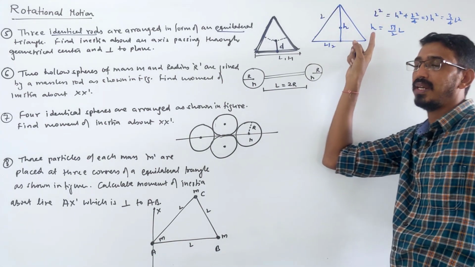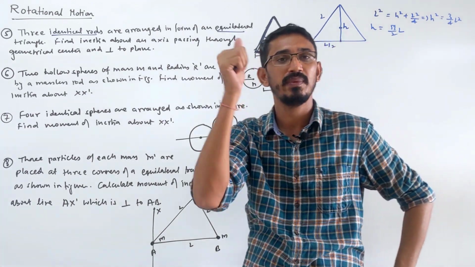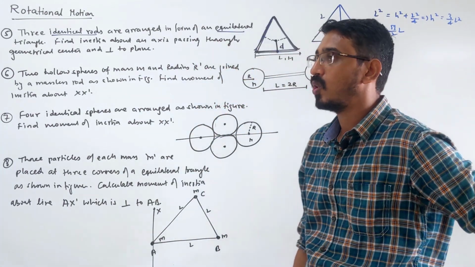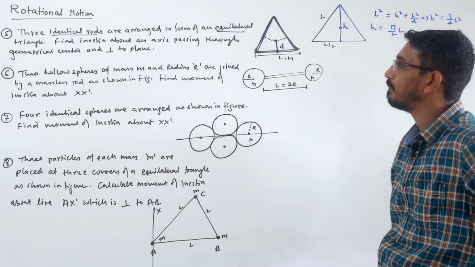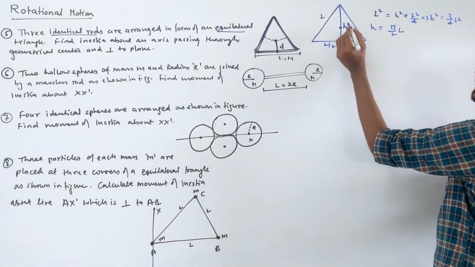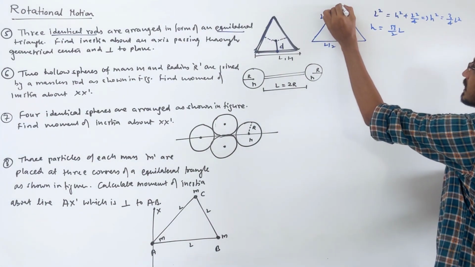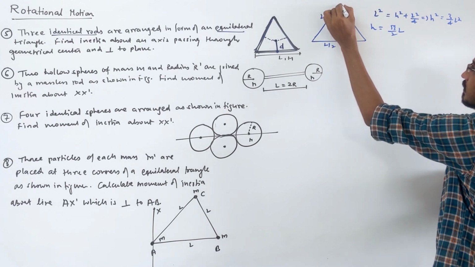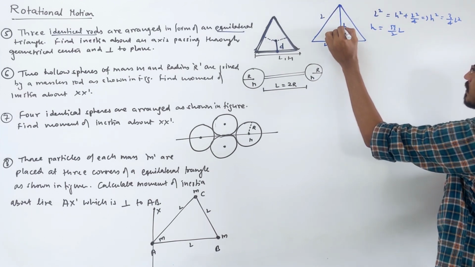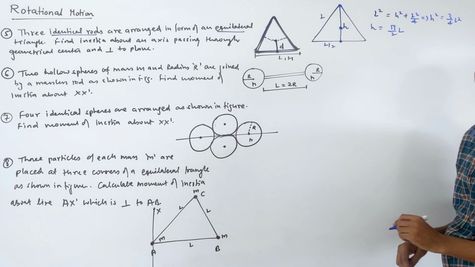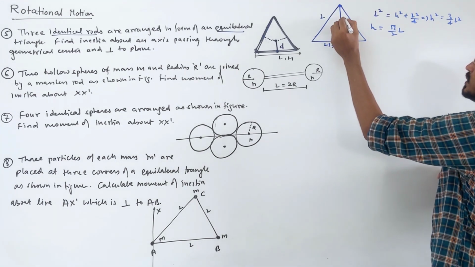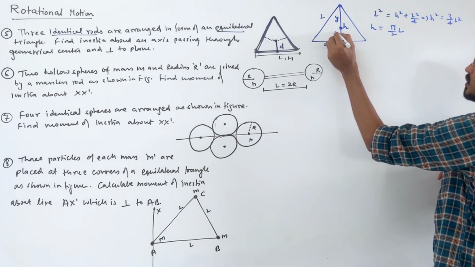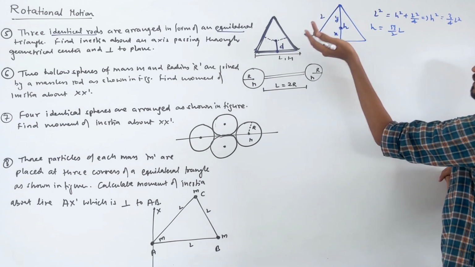You should remember this directly, because in each and every topic an equilateral triangle will come, and we always need the distance of the centroid. Okay, then what happens? The centroid divides this line from the vertex to the midpoint of the opposite side in the ratio 2:1. This part you call, suppose, Y, this you call X, or whatever name, it doesn't matter.